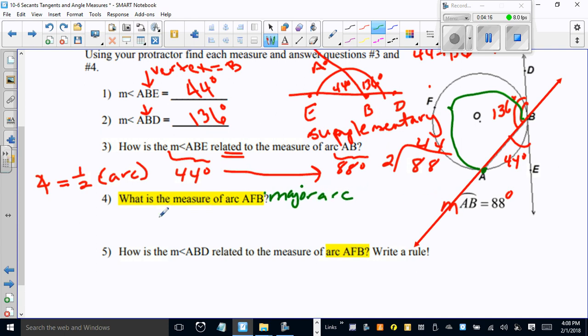And since the whole circle is 360, I subtract 88 from that, and that's going to give me 272 degrees, and that is what my arc AFB is equal to. Because this part of the circle plus this little part down here, which is 88, has to add up to 360 degrees for the whole circle.